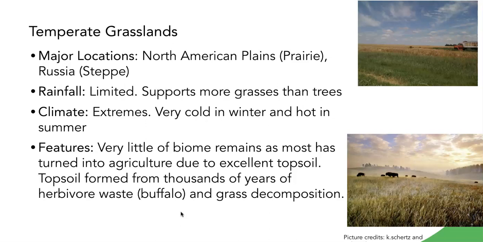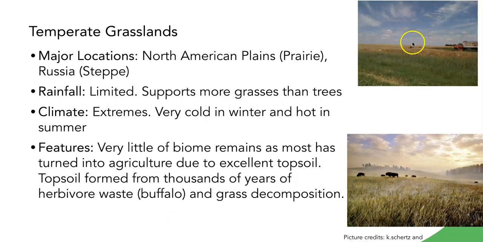So the features, some important things: very little has remained. I mean, less than 1% of the original grasslands remain because most is turned to agriculture. It's the breadbasket of America. It grows most of our grains, wheat, soy, and corn that we turn into bread and crackers, and corn and soy is in almost every processed food that you buy, and also animal feed.